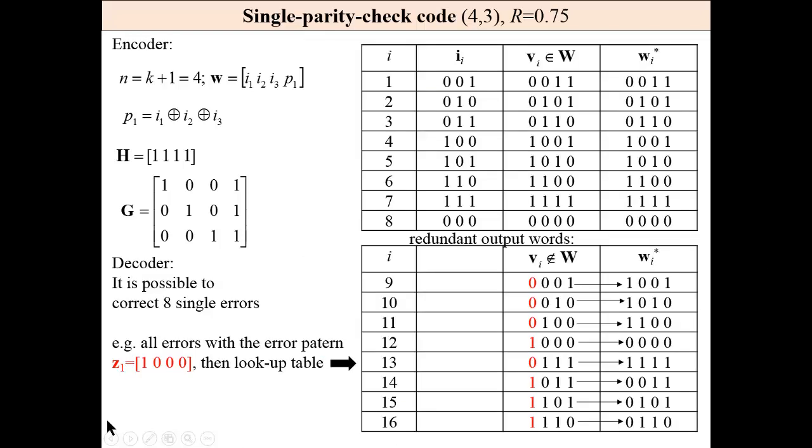For example, we may assume that all errors with the error pattern of an error at the first bit are corrected. If so, then this received sequence word can be corrected as 1001, as W4, and so on.